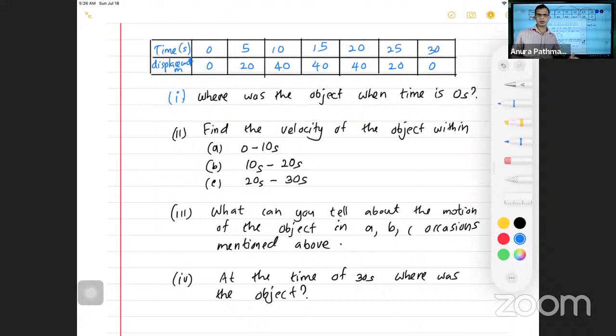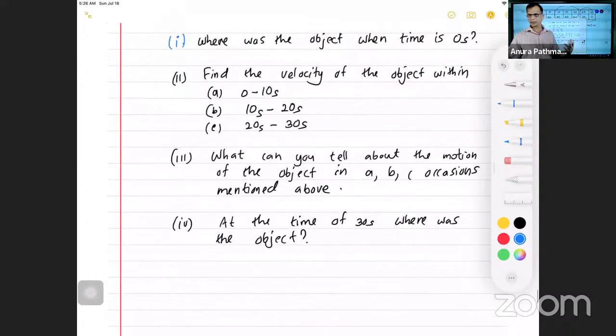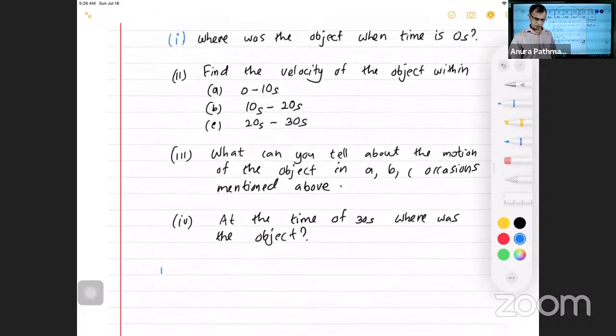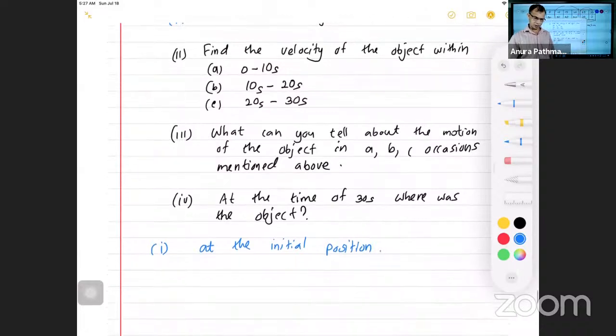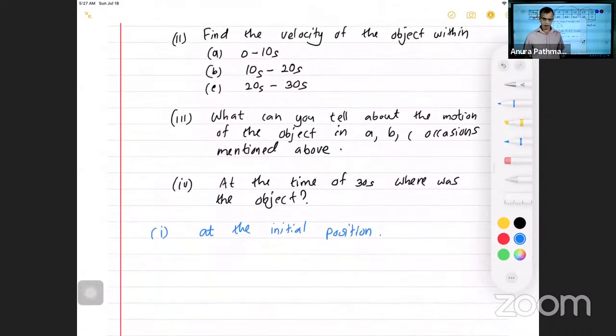The initial position. At the initial position. Find the velocity of the object within 0 to 10 seconds.